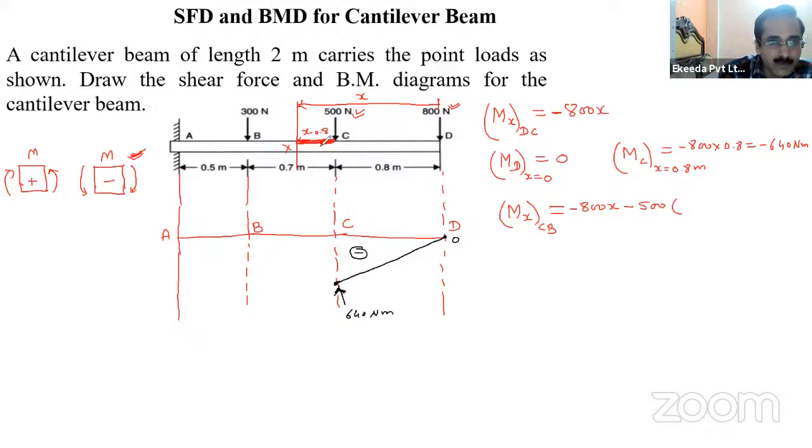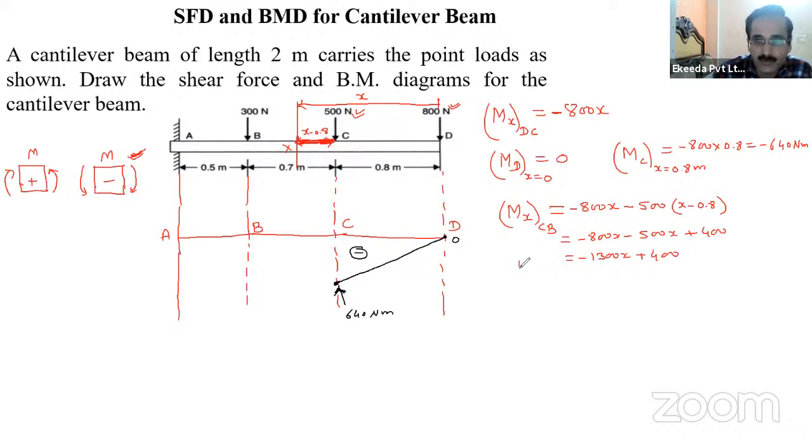So x minus 0.8. So again, this is minus 800x minus 500x and plus this will become 400, right? So this will be minus 1300x plus 400.